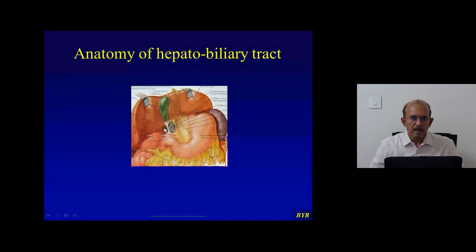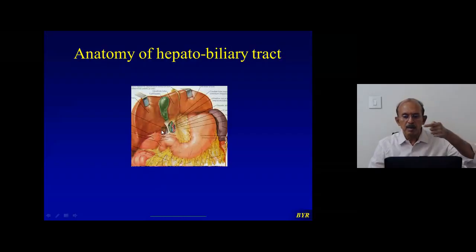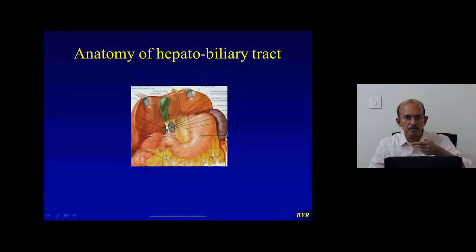If you pass your finger just behind the free border of the lesser omentum, your finger can pass in easily. Your finger will pass between the portal triad structures in front, and behind lies the inferior vena cava. Here is the inferior vena cava, and these structures are there anteriorly.